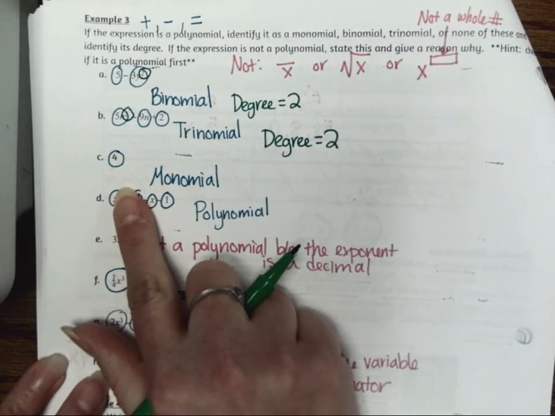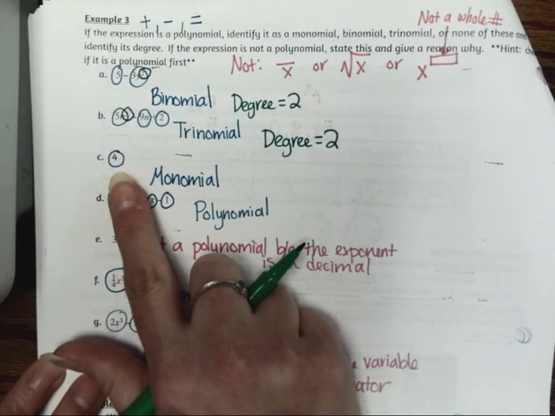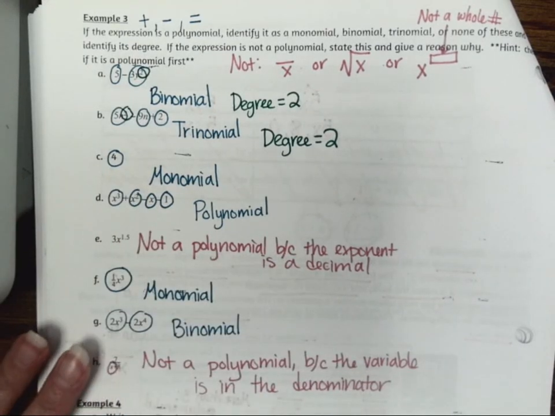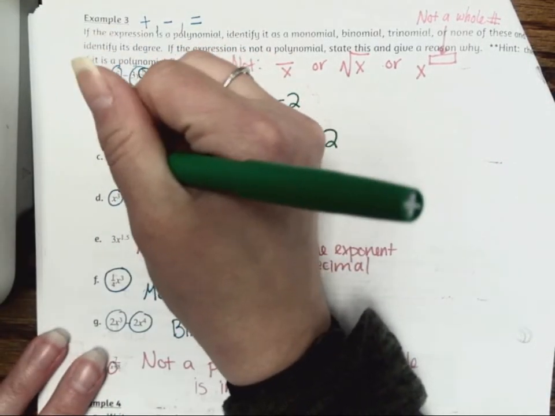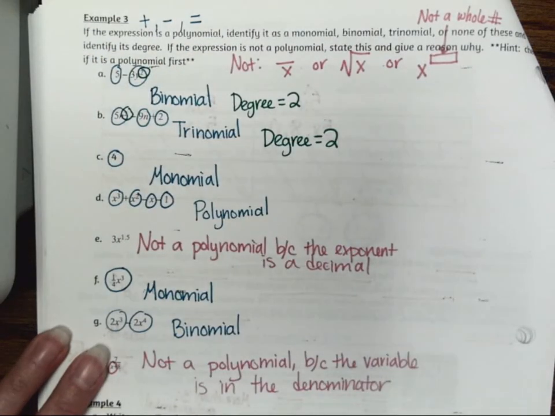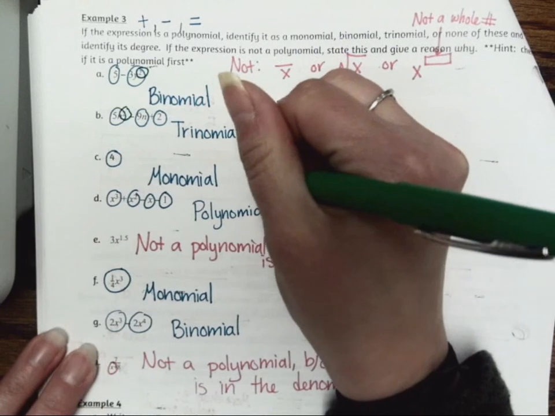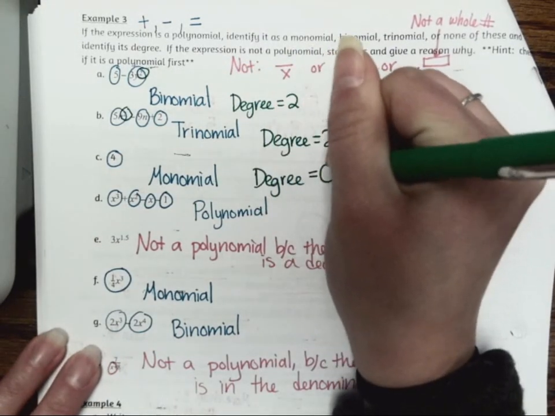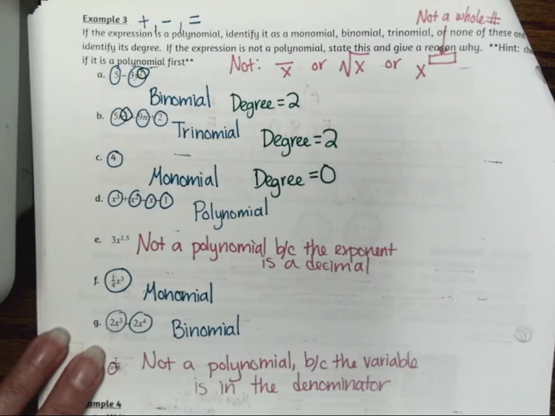For C, we don't have an exponent, and actually for this one we don't even have a variable. So because there aren't any variables, we say that there are 0 variables, so 0 factors of a variable. And that one we had notes on the last page, so that has a degree of 0.